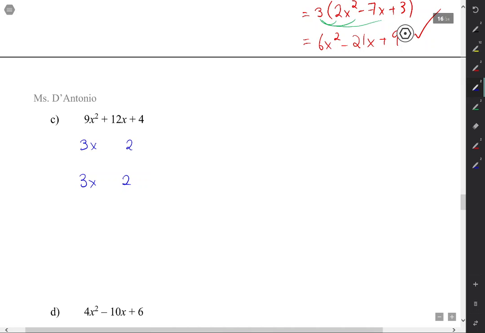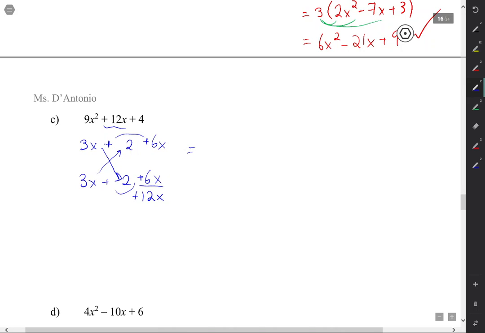So let's crisscross this. 3x times 2 gives us 6x, and 3x times 2 again gives us 6x. And is there any way for us to get positive 12x from that? Yes, there is. Plus sign here, plus sign there. Add those together and we get plus 12x. So I know a plus sign goes up here and a plus sign goes down there.